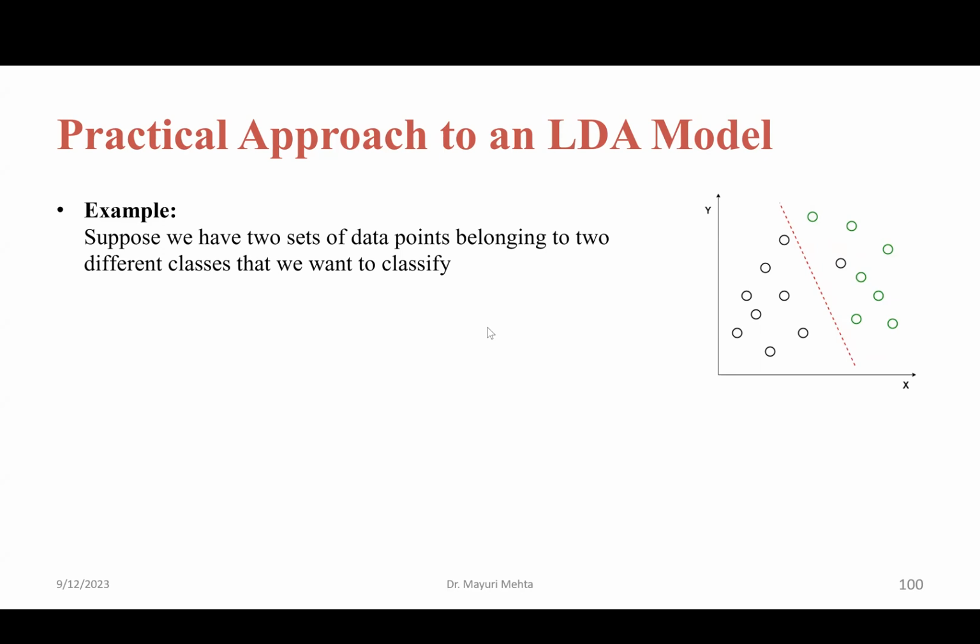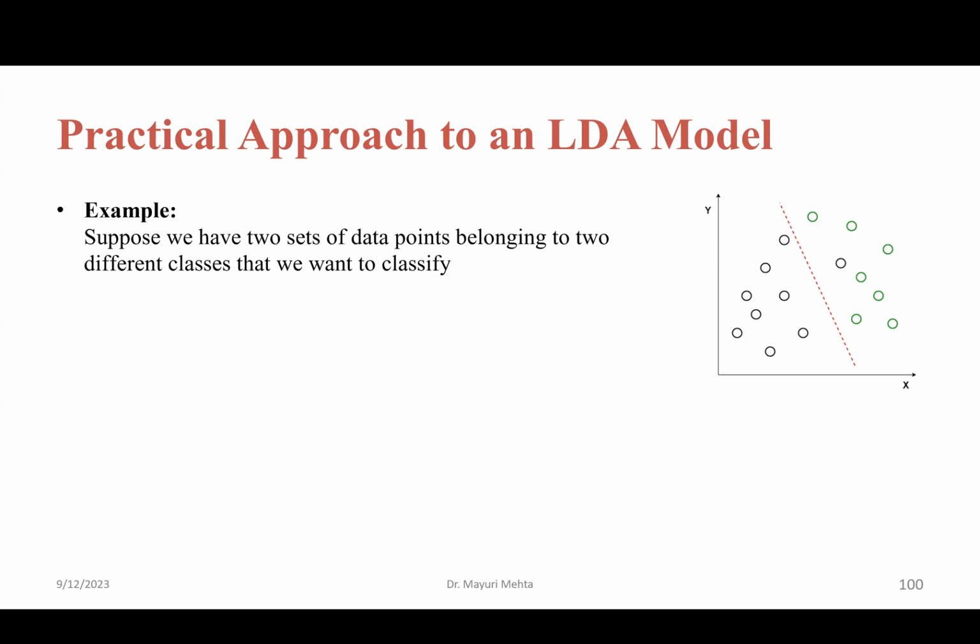You can look at this graph, right? You can try to put this dotted red line at different locations in this graph. You will not find any line which will separate the data of two classes. One class is represented with green circles and the second class is represented with black circles, right? So anywhere you plot this line, it will not clearly separate the data into two classes.